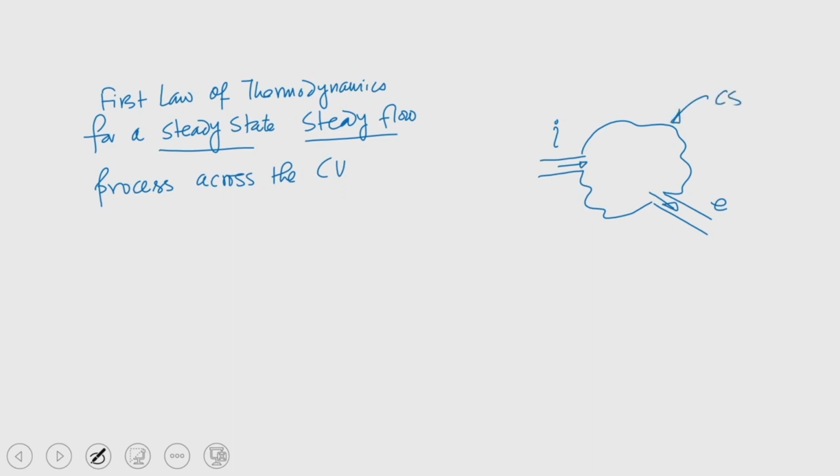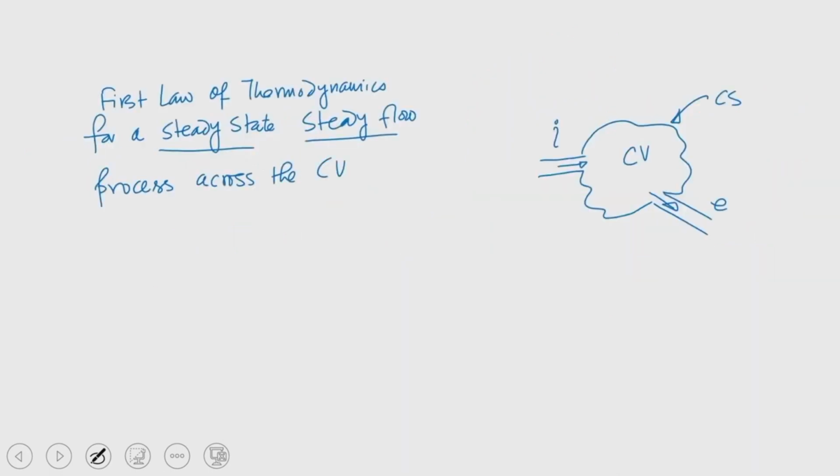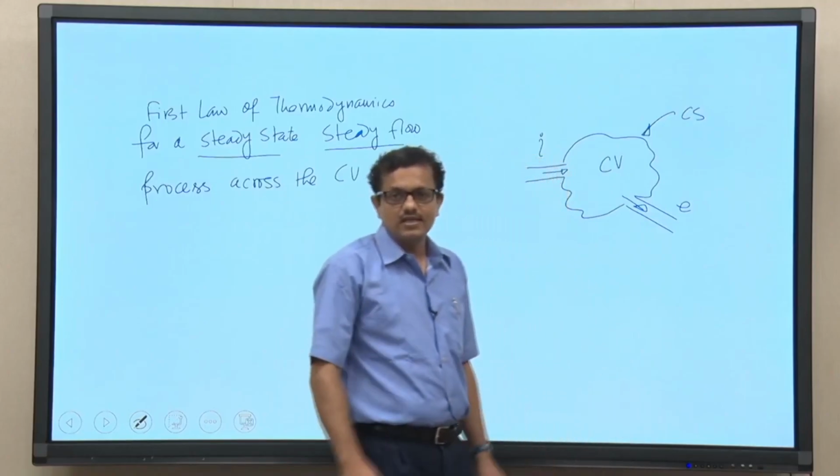This is the control surface and this is the CV, and we use the assumption that the flow properties do not vary over the cross section; we may have multiple such inlets and exits.